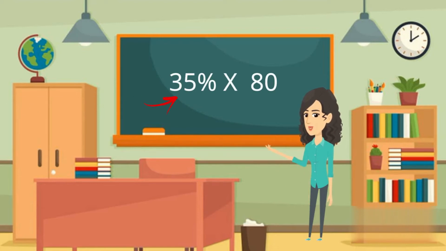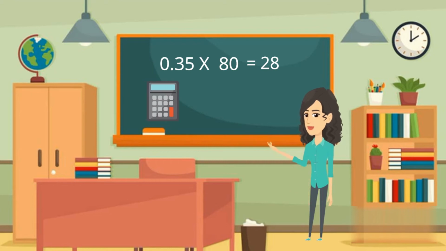Now, I need to decide if we want to replace the 35% with fraction form or decimal form. Let's use the decimal form. So 35% is equal to 0.35. Now we just need to calculate 0.35 times 80. Using the calculator we get 28.